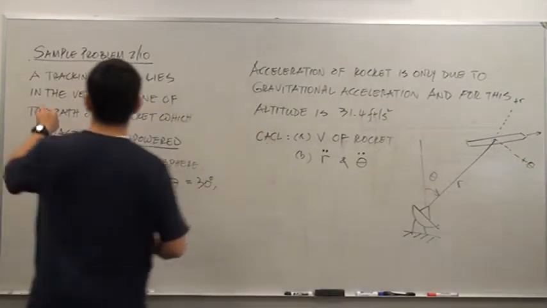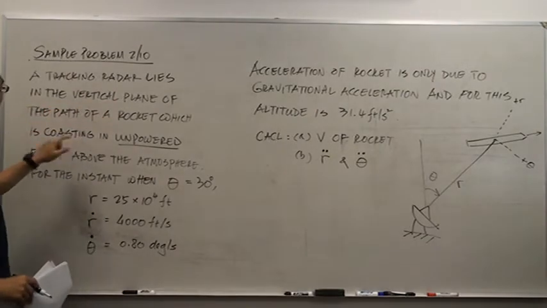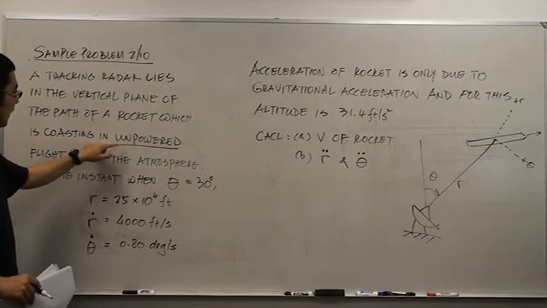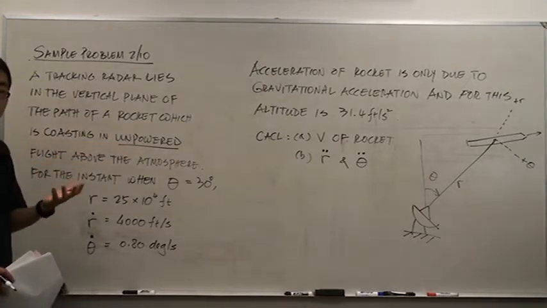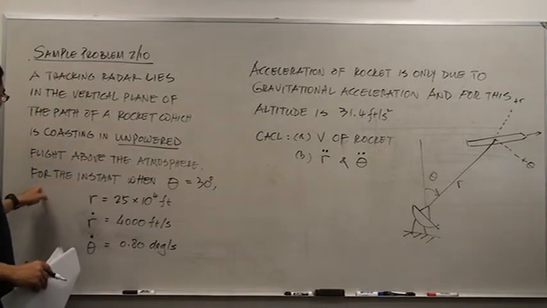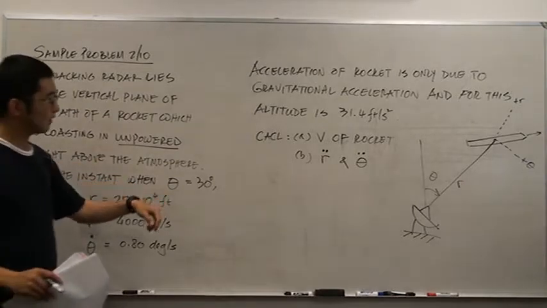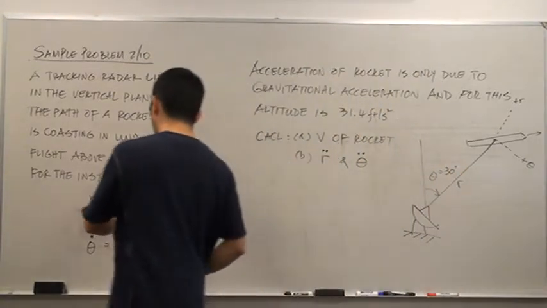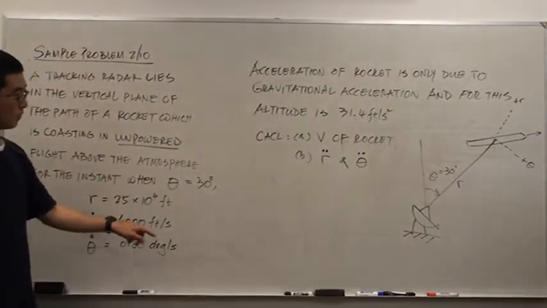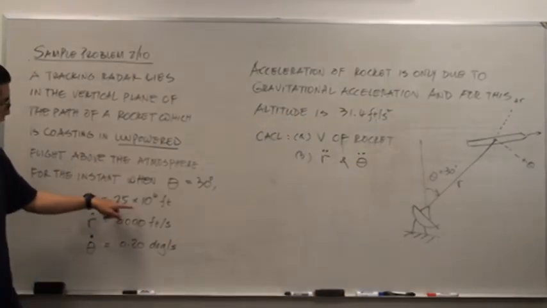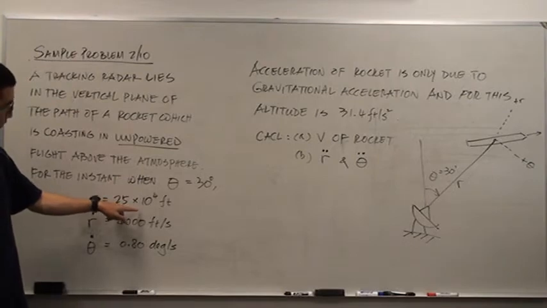So the tracking radar lies in the vertical plane of the path of a rocket, which is coasting in unpowered flight. So there's no thrust provided by the rocket, above the atmosphere. For the instant when theta is equal to 30 degrees, R, which is the distance from the radar to the rocket, is 250,000 feet.